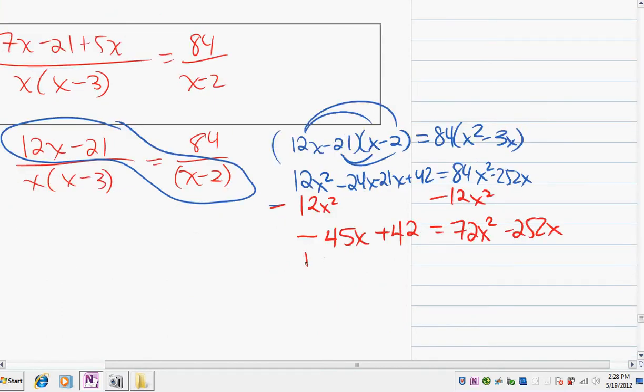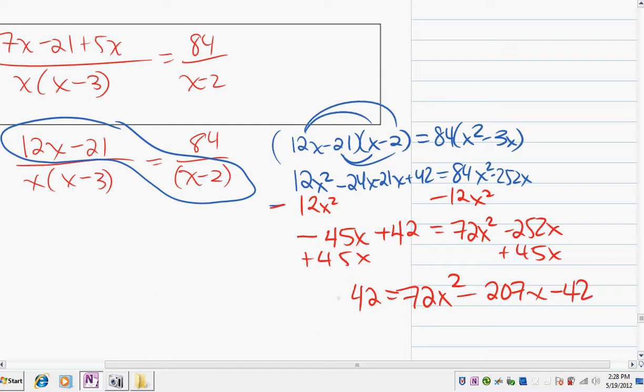Now I can add 45x to both sides. I like to do all this in one step, but just for demonstration purposes, I'm doing it in many. So negative 207x, and I would subtract 42 from both sides, minus 42 is equal to 0.